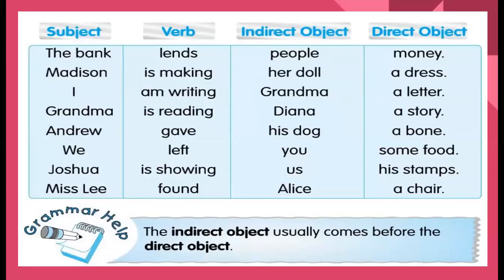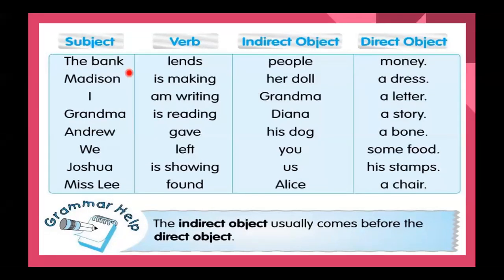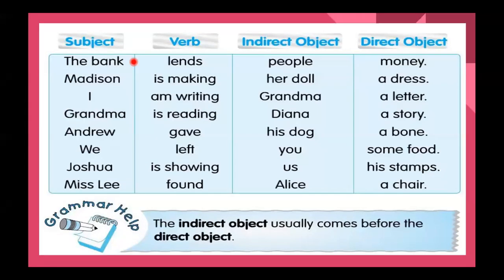Now see over here. So is it clear till here? Sister Bushra, please read out the sentences. The bank lends people money. Madison is making her doll a dress.